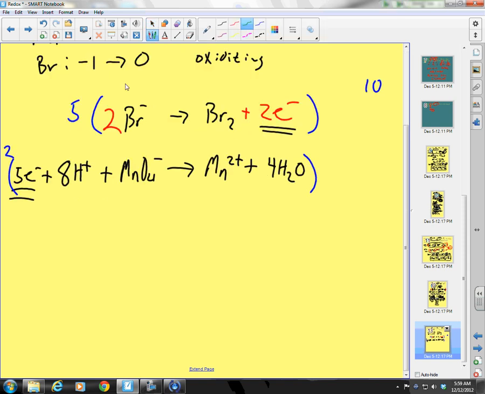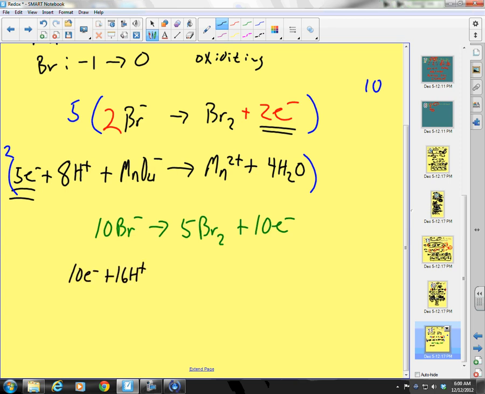So let's take the top one. 5 times 2 is, I have 10 Br minuses yields 5 Br2s plus 10 electrons. And my next one is what? 10 electrons plus 16 H plus 2 permanganates yield 2 manganese 2s plus 8 waters, right?